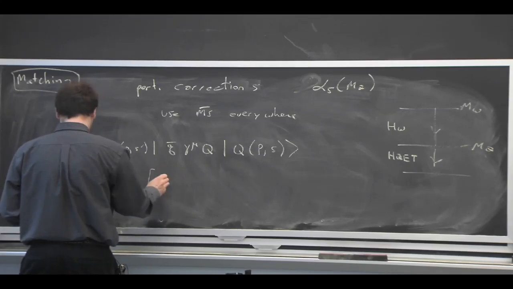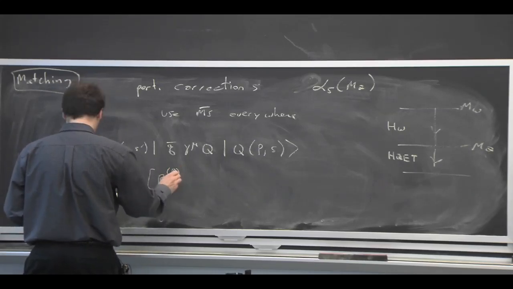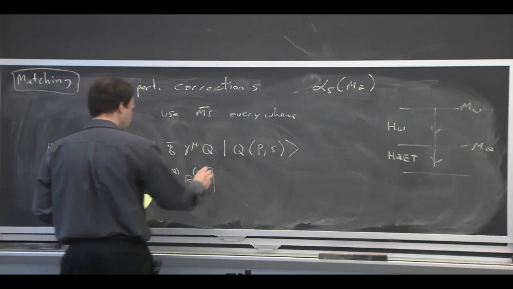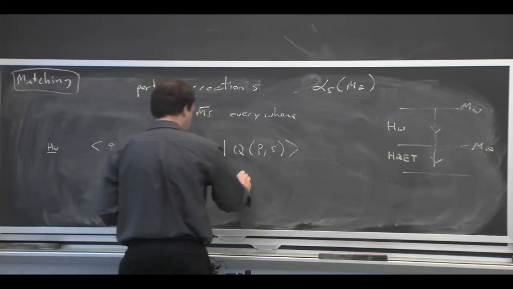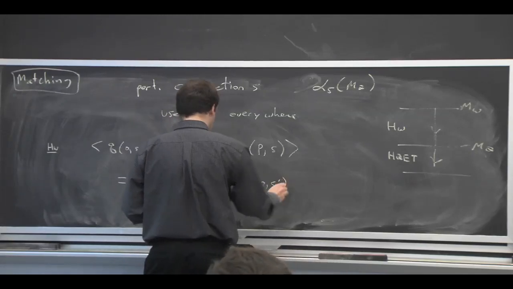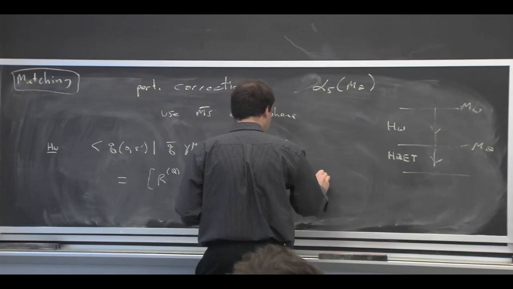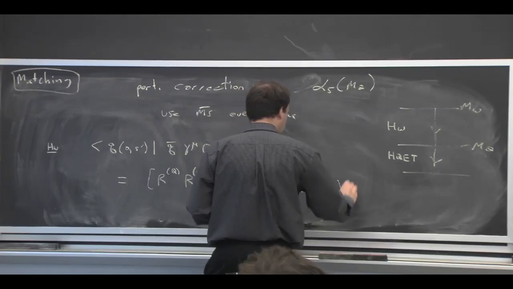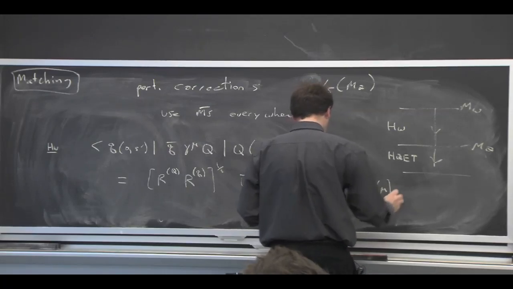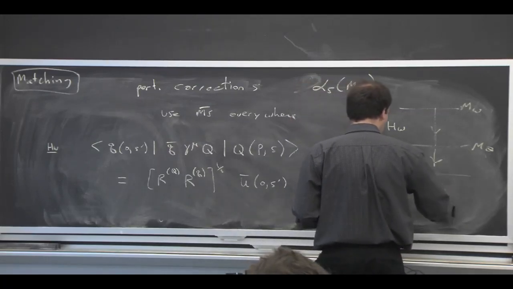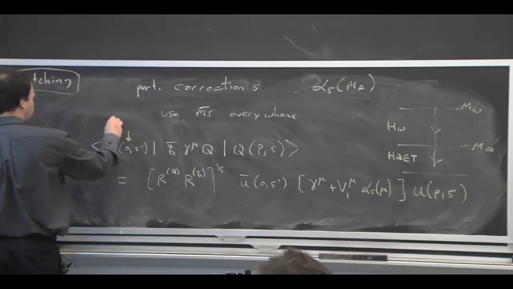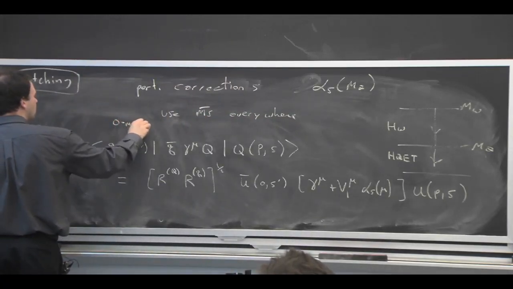And let me write it with a bunch of schematic objects and then explain what they are. So the U's are spinors. I'm taking zero momentum here just for simplicity.